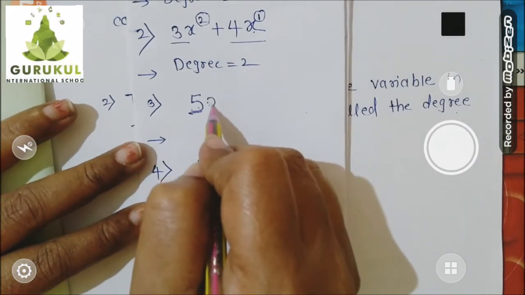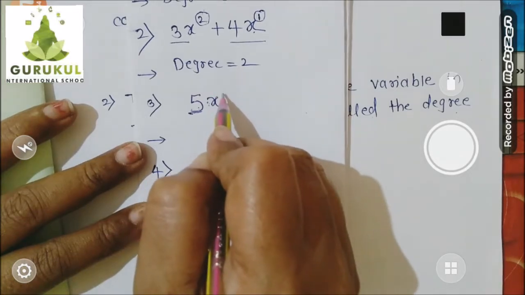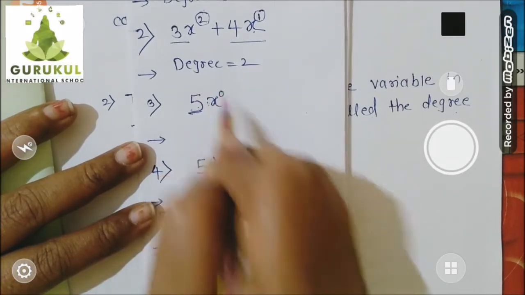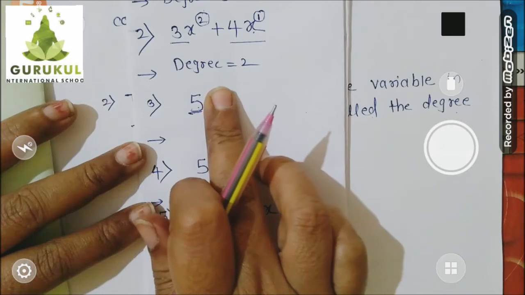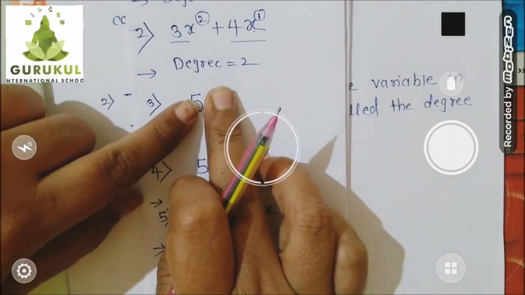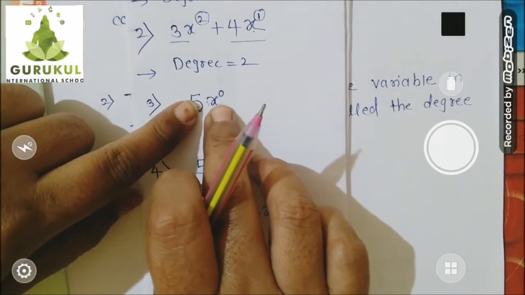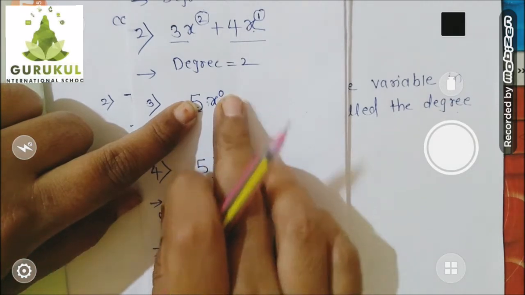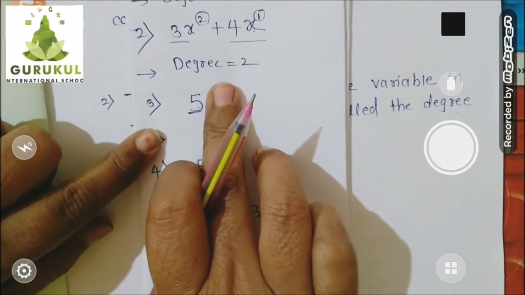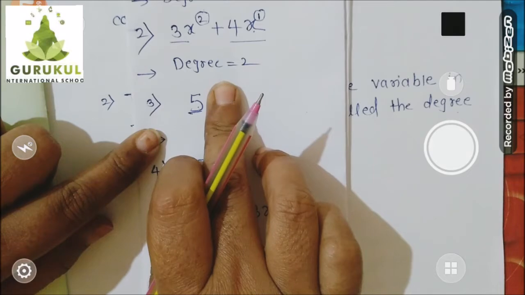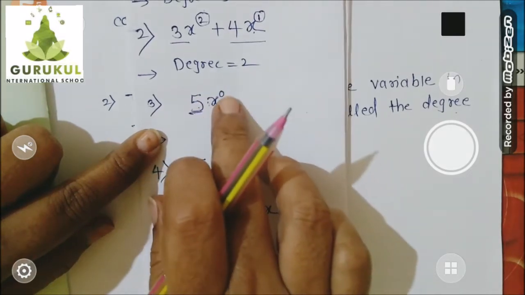Suppose you consider x, and its index should be 0. So whenever it's a constant number, you can assume that it contains one variable along with it and its index is always 0. So if only pi is written, in your mind it should be pi x raised to 0.